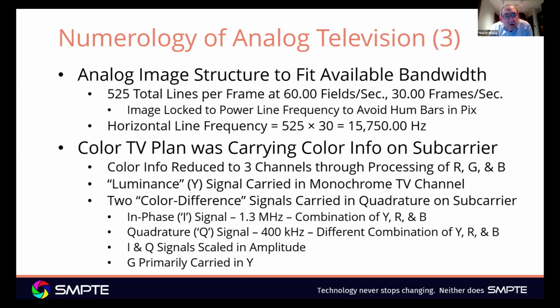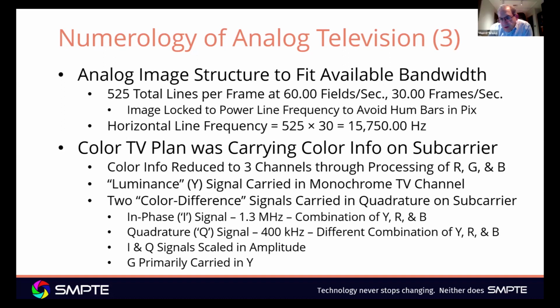So red, green, and blue from a camera were reduced to a luminance signal, which went into the monochrome channel and was close enough to being the same as a black and white image that those who were watching on monochrome receivers couldn't really tell the difference, especially with no other reference to compare to.